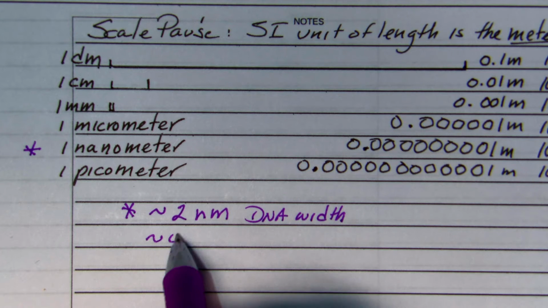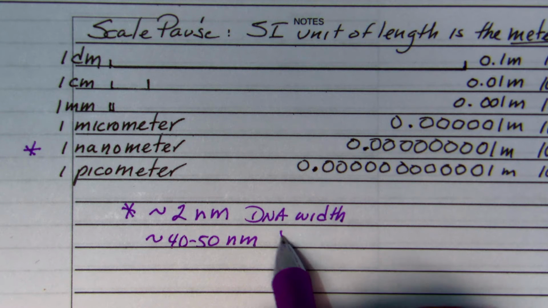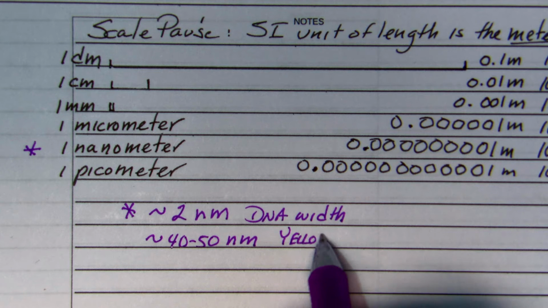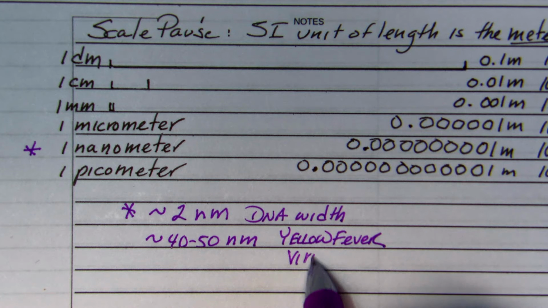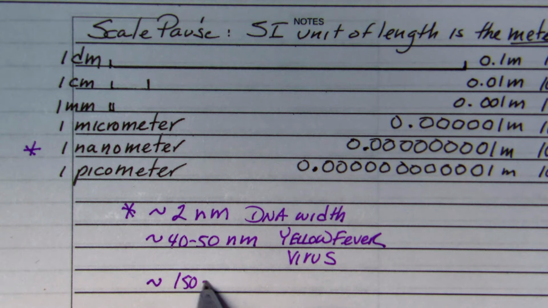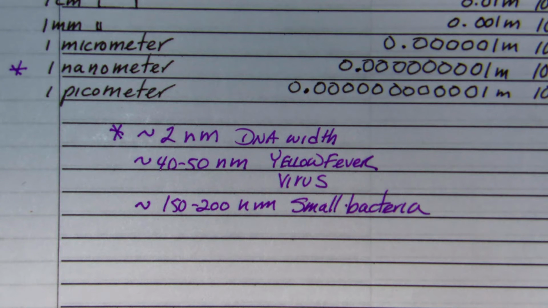Approximately 40 to 50 nanometers is the yellow fever virus. And the last one is approximately 150 to 200 nanometers for small bacteria. So that should give you an idea of how tiny those measurements are.